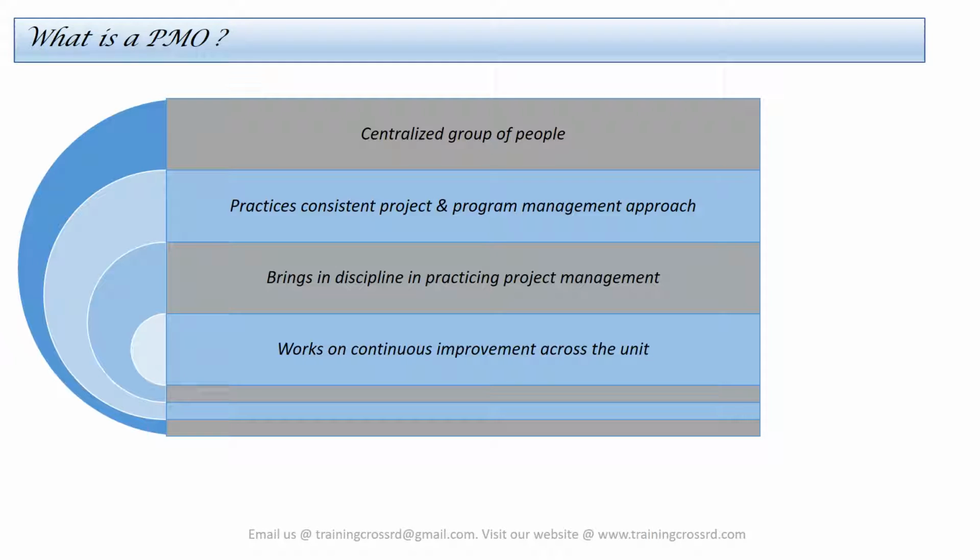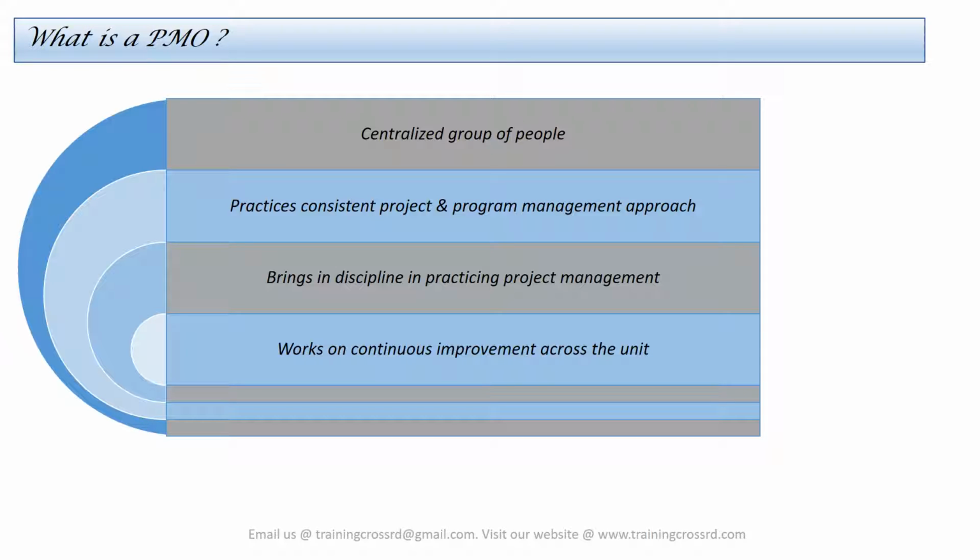So, what is a PMO? A PMO is a project management office, and sometimes it is also merged with a program management office. It comprises a group of project or program managers who follow consistent project or program management approach for execution of their projects or programs.